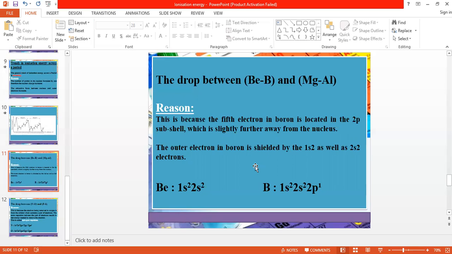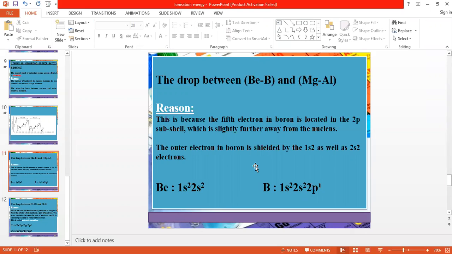This is because the electron present in magnesium is located in the 3s subshell, which is slightly further away from the nucleus. If it is away from the nucleus, the forces are weak.